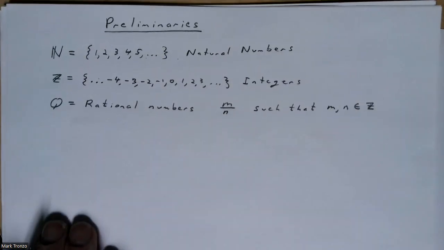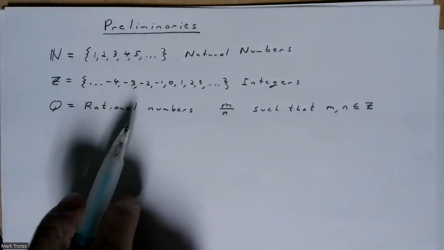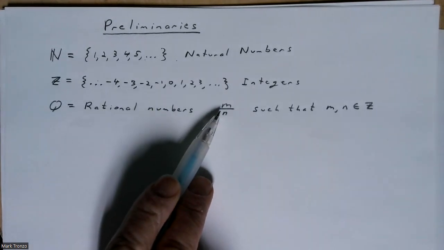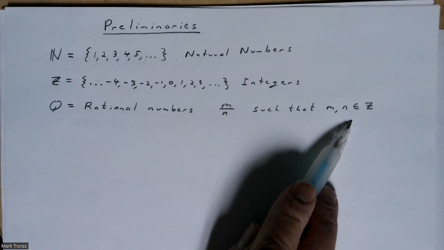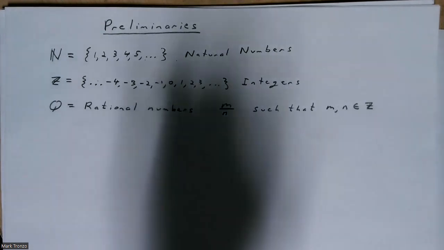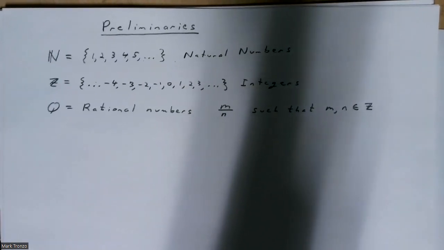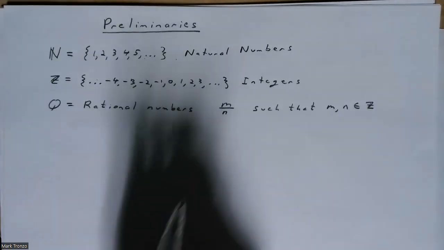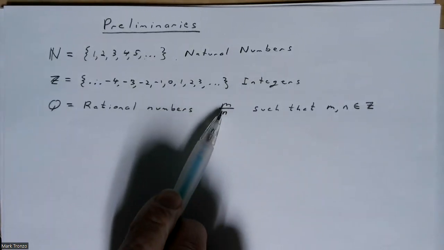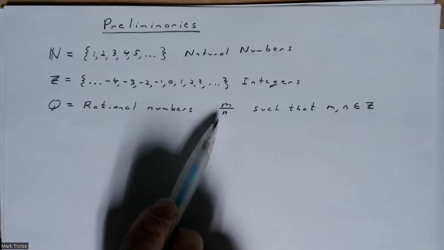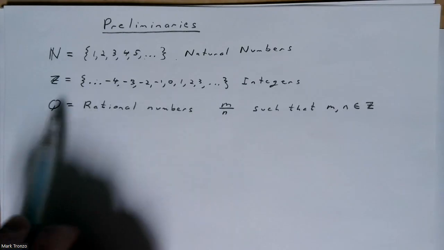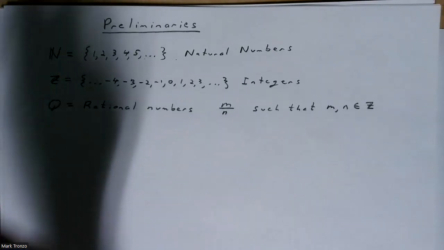So rational numbers, remember, rational kind of means ratio, so it means fractions of integers. Now, of course, this would include whole numbers, because whole numbers are fractions of integers, like 8 can be thought of as 8 over 1, etc. So Q is rational numbers.